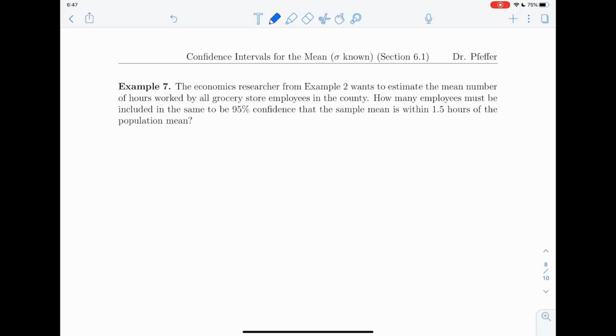Well, what we're going to do is write down the information given to us. 95% confidence means C is equal to 0.95. We've already in this lesson talked about the corresponding critical value. The critical value for a 95% confidence level is z sub c equals 1.96.